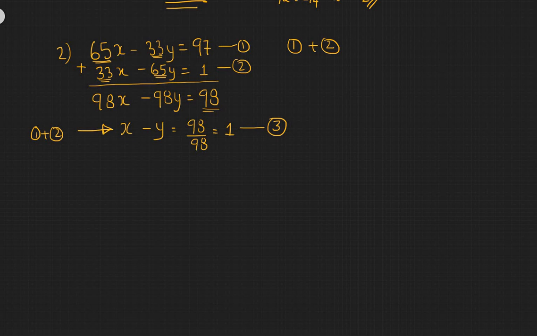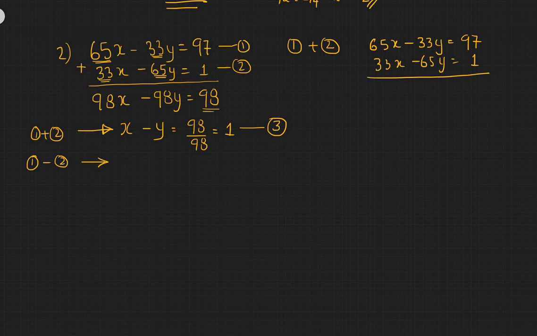And now let's see what happens if we do 1 minus 2. Let's do 1 minus 2 and see what it gives us. So let's write those equations: 65x minus 33y equal to 97, and 33x minus 65y equal to 1.